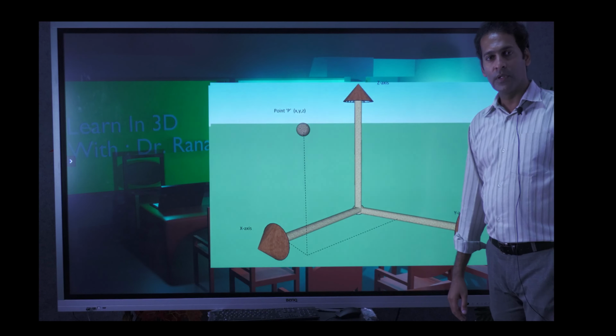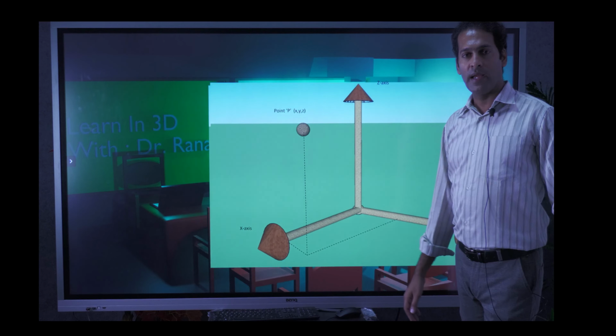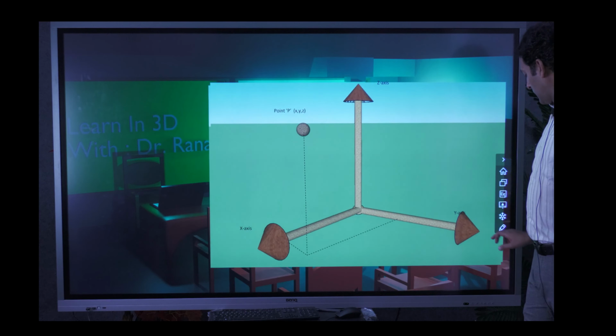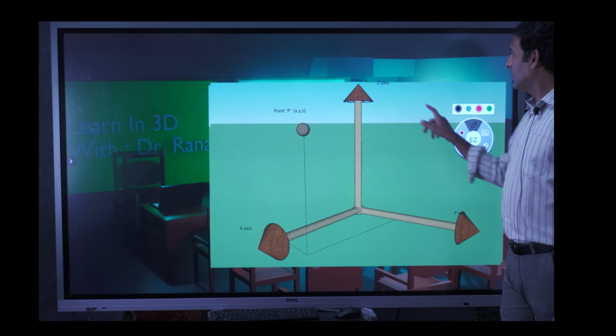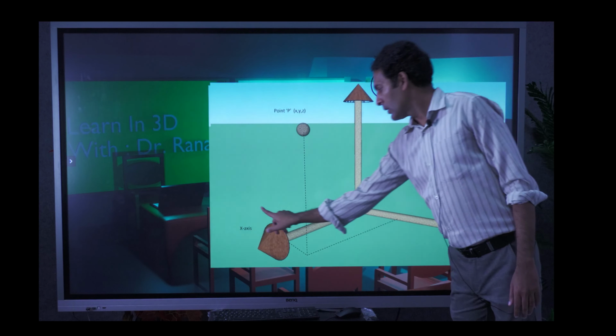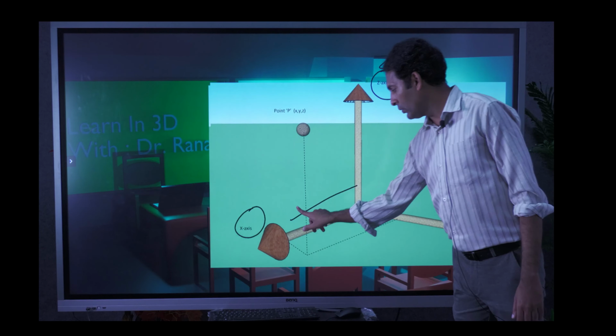In the previous discussion, we saw a point P defined in the Cartesian coordinate system, where we used three axes. One was the vertical axis, that is the Z axis. Second, the horizontal X axis, the line which is coming towards you.